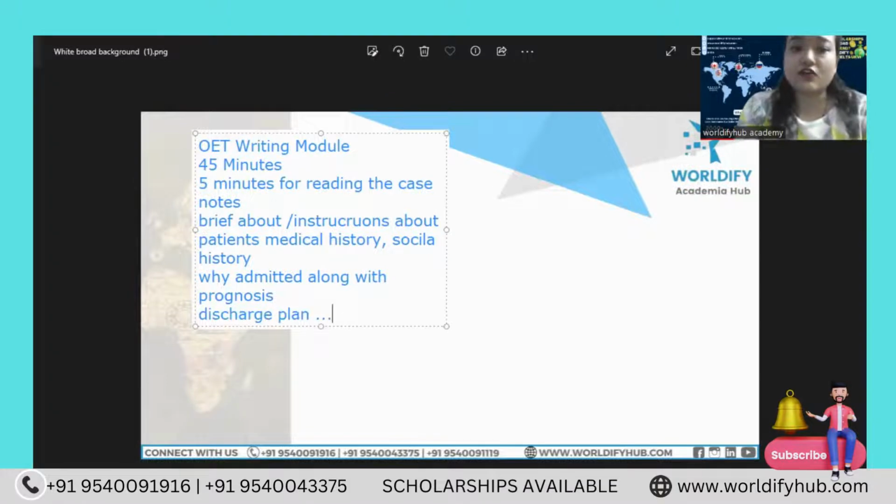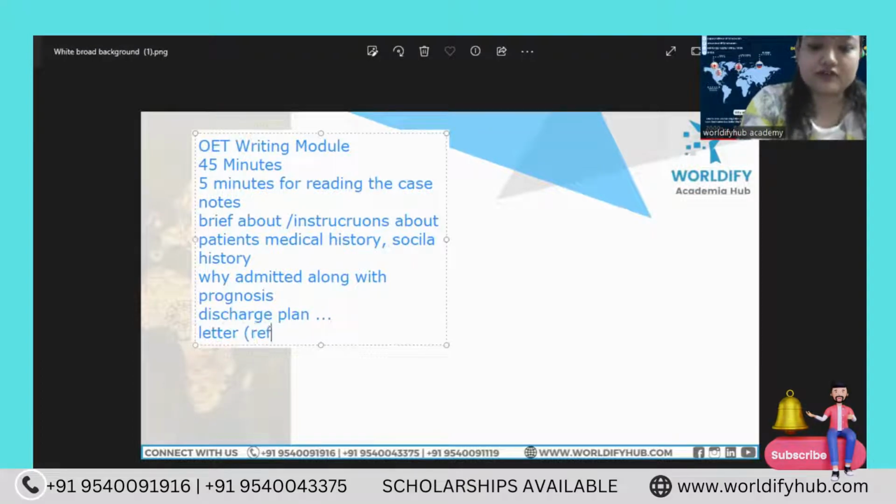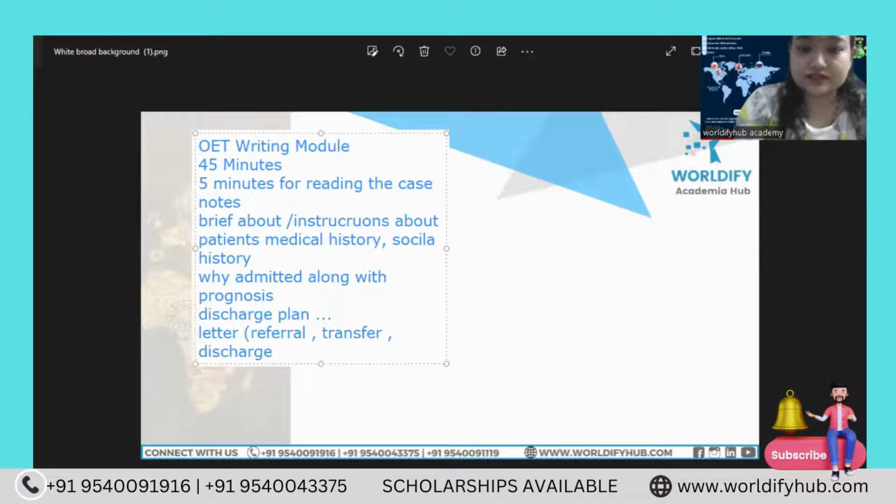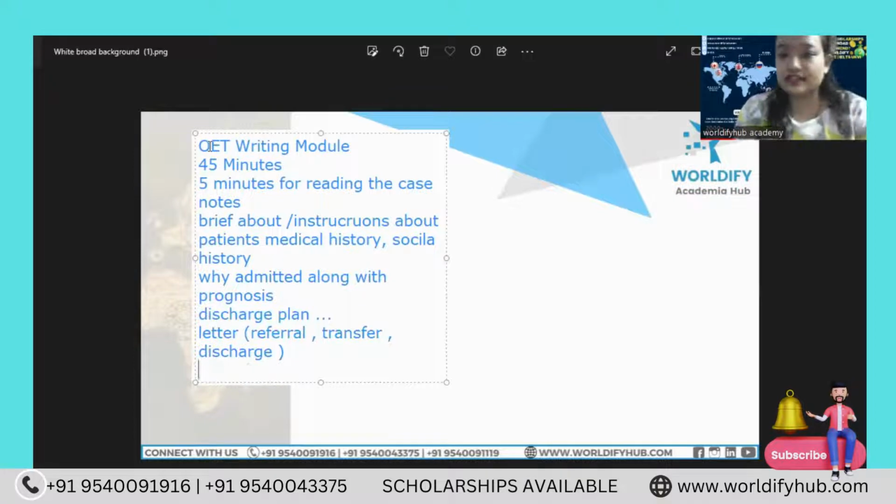These are all the things given in the case notes, and you are supposed to write a letter. The letter can be of referral type, it can be a transfer letter, it can be a discharge letter. These are the types of letters you will generally get. For those from the nursing background, they can get referral and transfer letters the most.